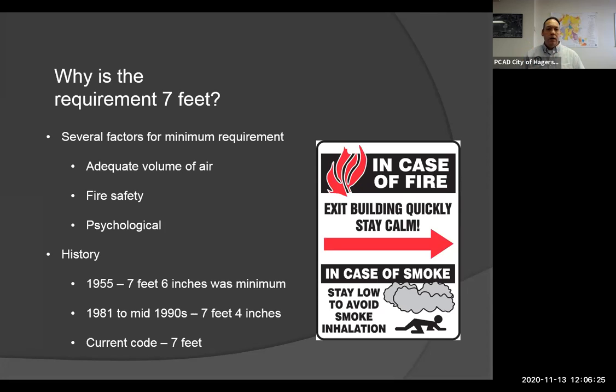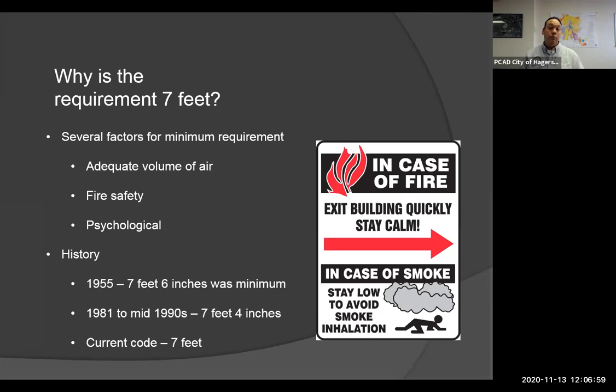So what has been done over time to be able to meet that? In fact, this is not really an old requirement overall, because in 1955, a minimum ceiling height requirement was set, which was 7 feet 6 inches. And at that time it was being enforced by the city of Hagerstown. Then the Property Maintenance Code from 1981 to the mid 1990s established a minimum ceiling height of 7 feet 4 inches in Hagerstown.